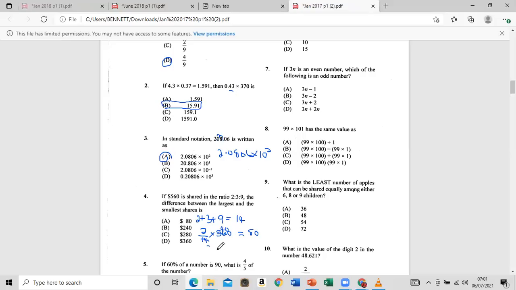So the largest share would be 9 times 40, that is equal to 360. So the difference now, we're going to subtract 80 from 360. That gives us 280. So that is the difference.